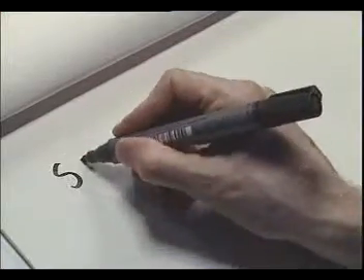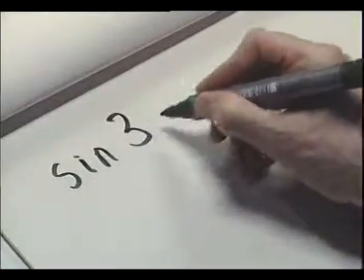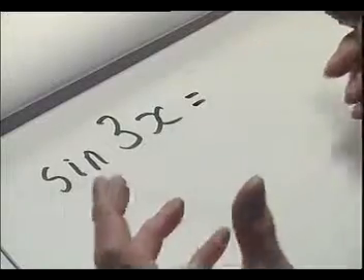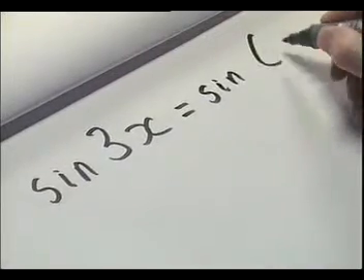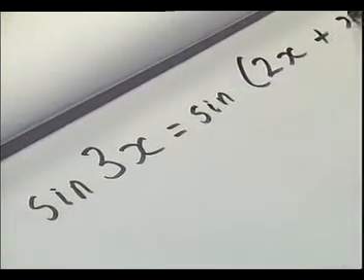So, let's have a look at how we can make use of these double angle formulae. So, sine of 3x. Is it possible to write sine of 3x all in terms of sine x? Well, let's try and break this 3x up. 3x is 2x plus x, so we can write this as sine of 2x plus x.